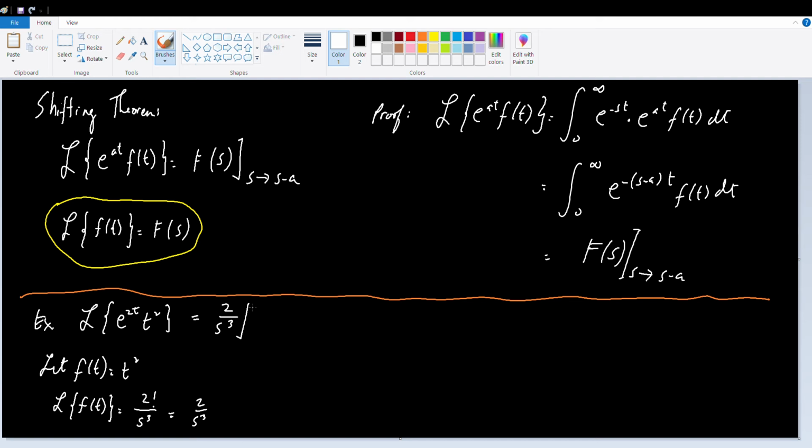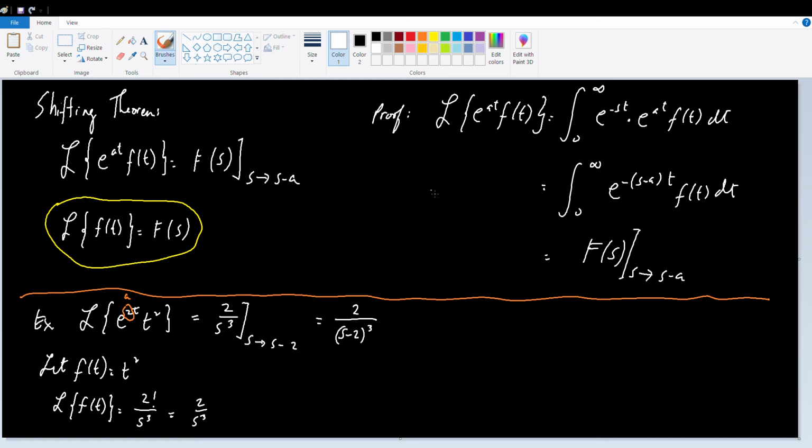But we have to change s to s minus a, and what is my a here? E to the 2t, so my a is equal to 2. So s is changed to s minus 2, and the answer here will be 2 over s minus 2 quantity cubed.